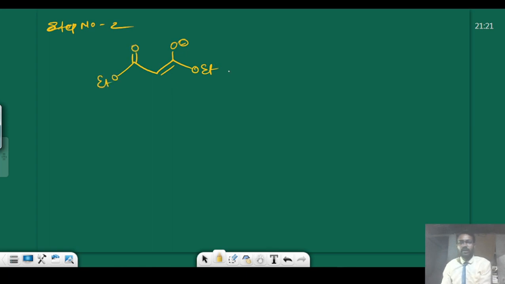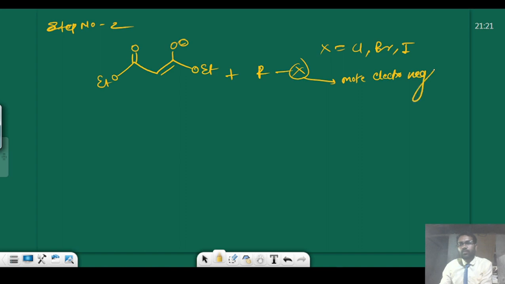Okay, in the presence of alkyl halide, RX, where X is chlorine, bromine, or iodine. These halides are more electronegative in nature, so they pull electrons towards themselves, applying the inductive effect.